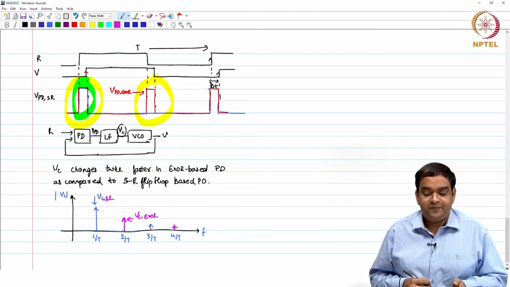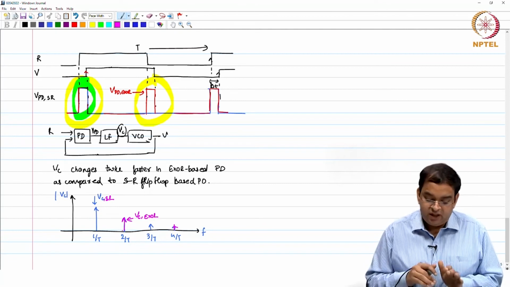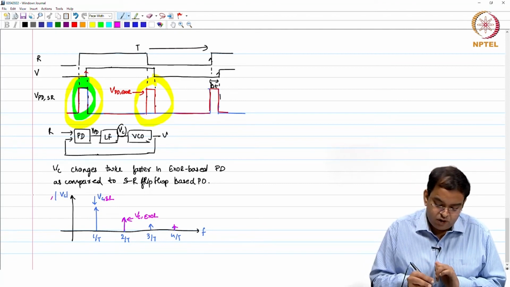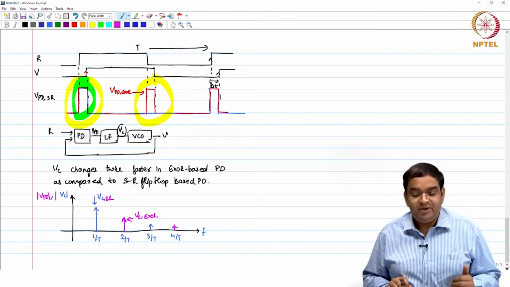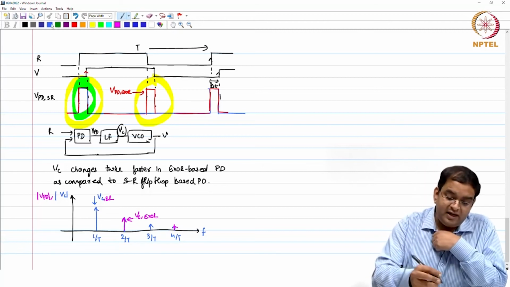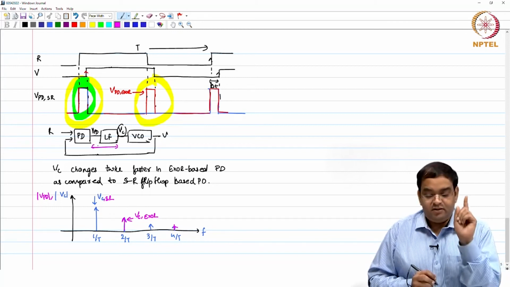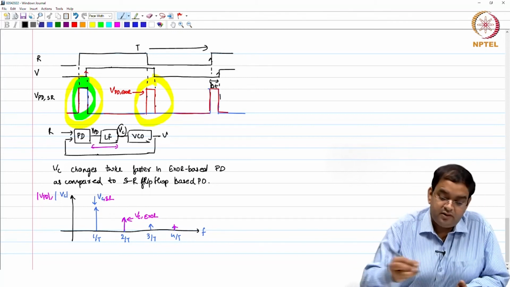V control is like this. The same thing, whether you look at V control or VPD, is going to happen at VPD. Now, if you are having any loop filter between VPD and VC, two things will happen.